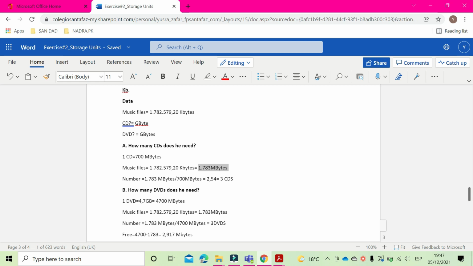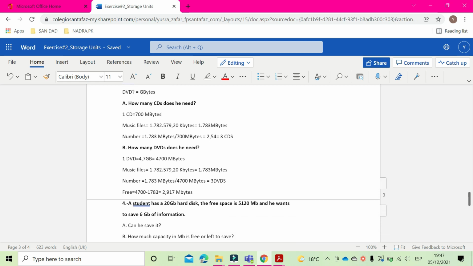We are going to divide the number of megabytes by the 700 megabytes of a CD, which is equal to 3 CDs. We are going to need 3 CDs to save this copy, but the question is, can we save this? In this case, no.